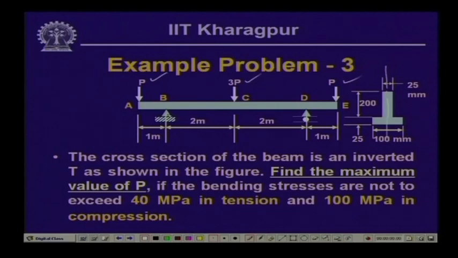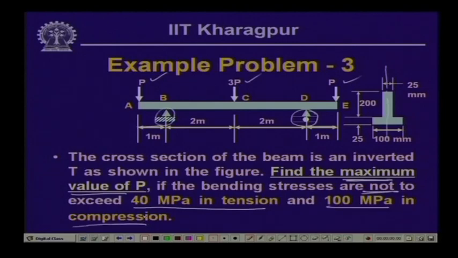Please note that it is hinged at this particular end and is on roller support over here, has overhang on this side as well as on this side, and geometrically it is symmetrical, and of course, loading wise also it is symmetrical. Now, what we need to do is find out the maximum value of P if the bending stresses are not to exceed 40 MPa in tension and 100 MPa in compression.